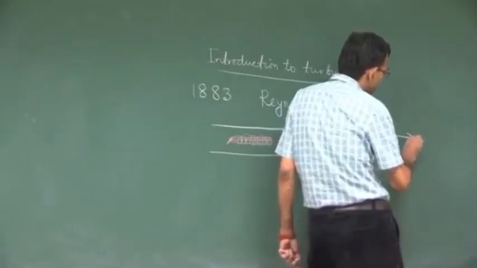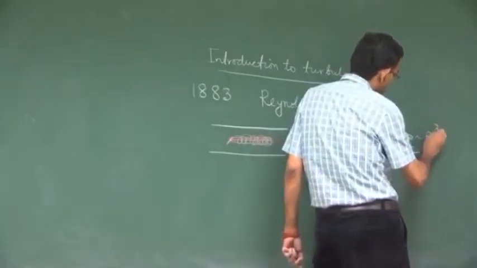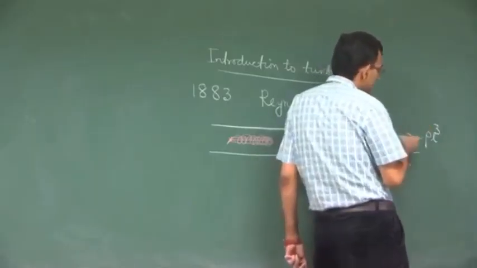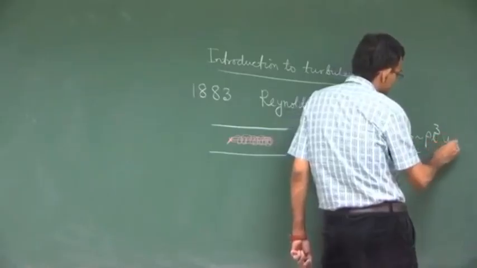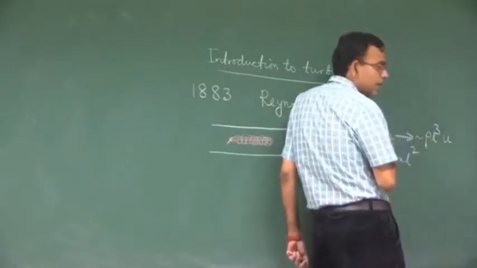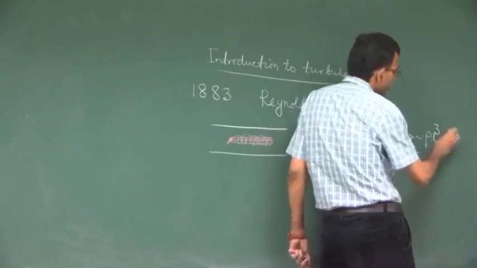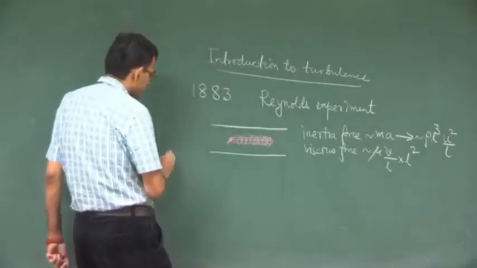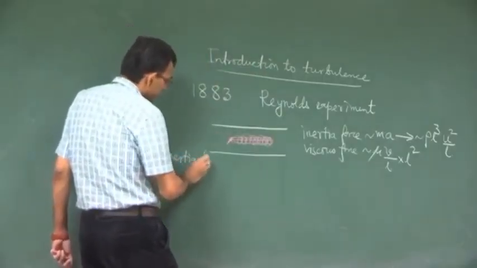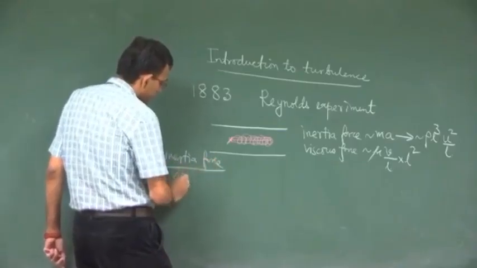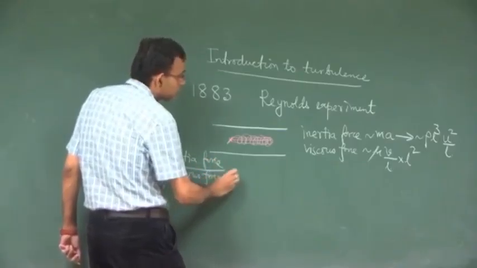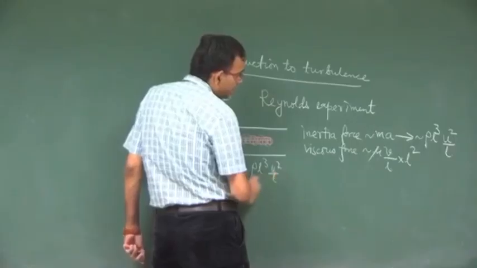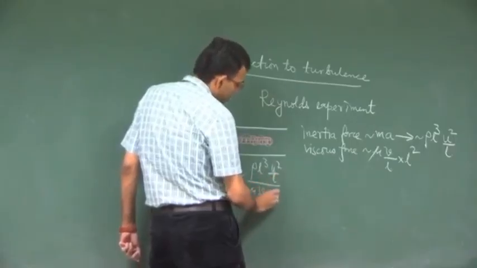Mass into acceleration: mass is rho into L cube, of the order of, we are just trying to write it in terms of various scales, and acceleration is like for example u du dx, so u square by L. So, inertia force by viscous force is rho L cube u square by L, divided by mu V by L into L square.